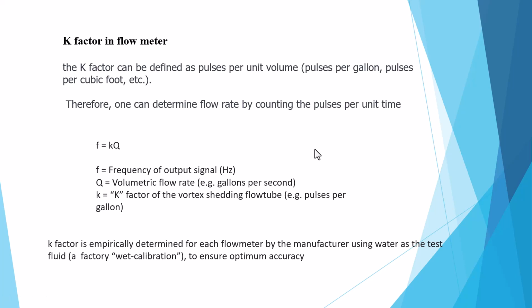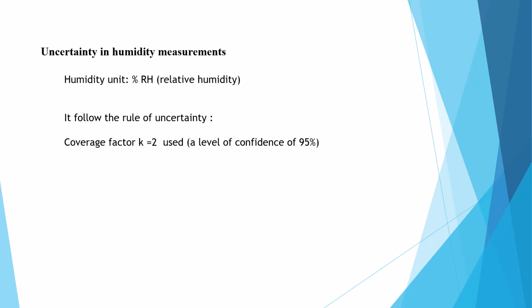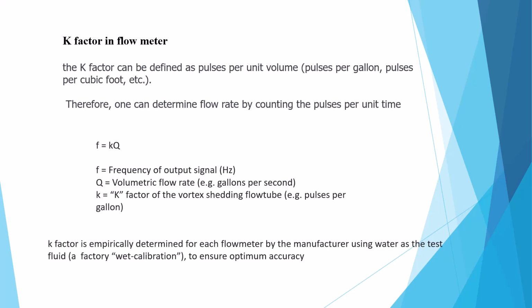Most of the time we use a K factor in the flow meter. This K factor is completely different from the coverage factor. It is defined as pulses per unit volume, using this formula, the frequency output signal. This K factor is determined for each flow meter by the manufacturer.